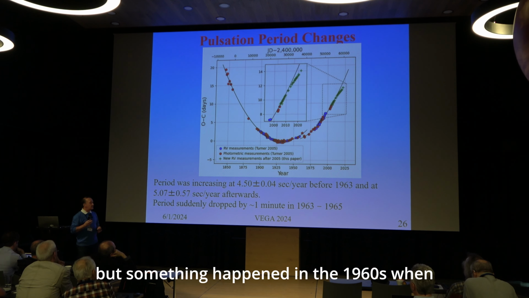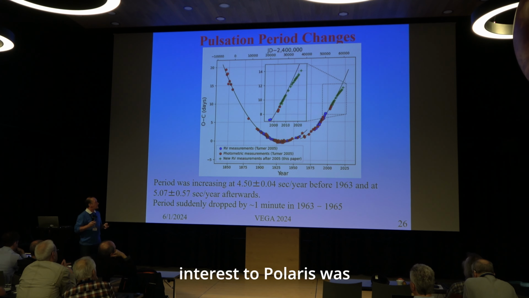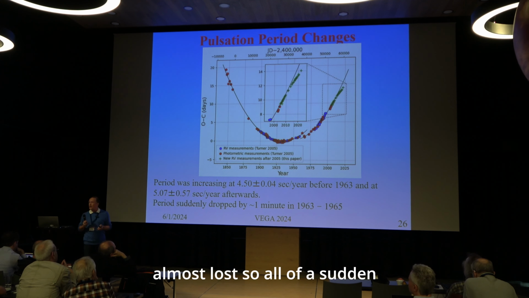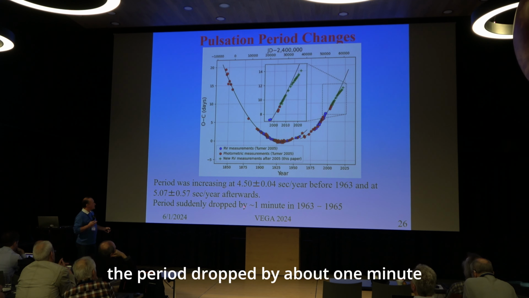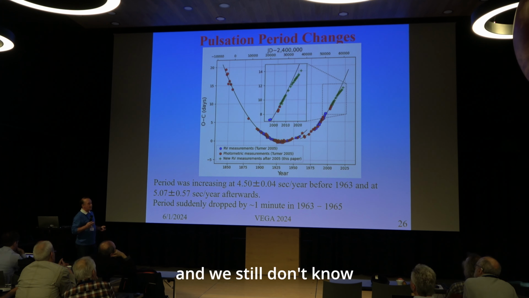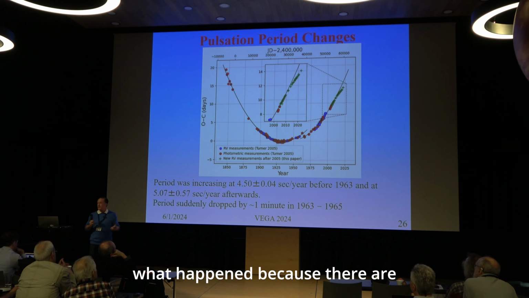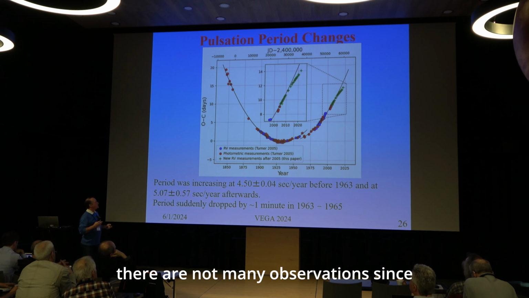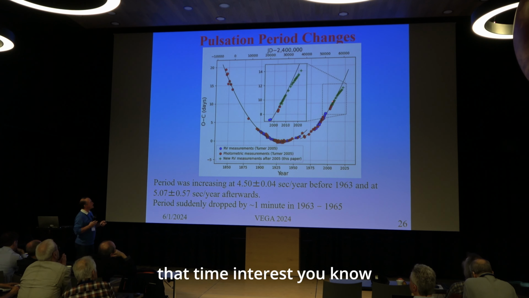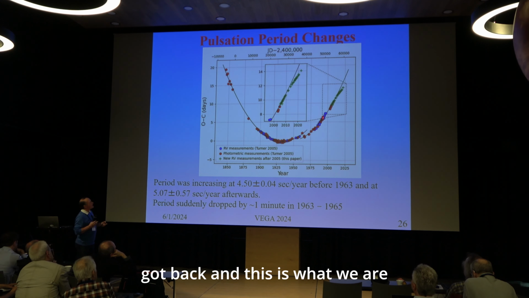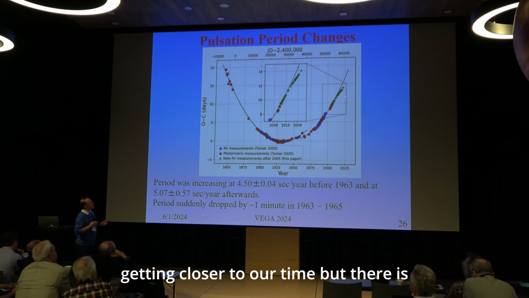But something happened in the 1960s when interest in Polaris was almost lost. All of a sudden, the period dropped by about 1 minute, and we still don't know what happened because there are not many observations. Since that time, interest got back, and this is where we are getting closer to our time.